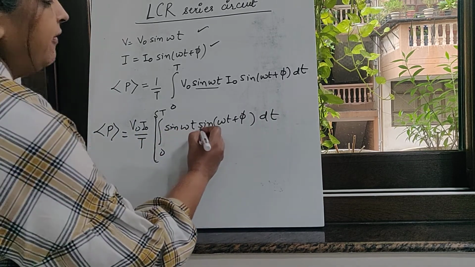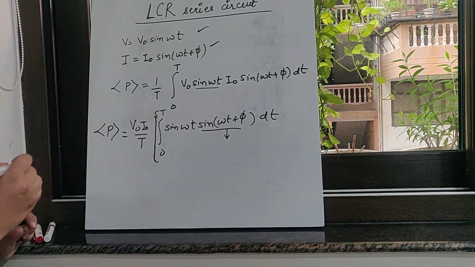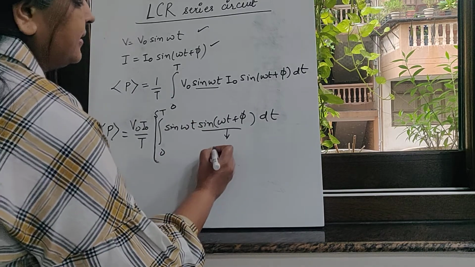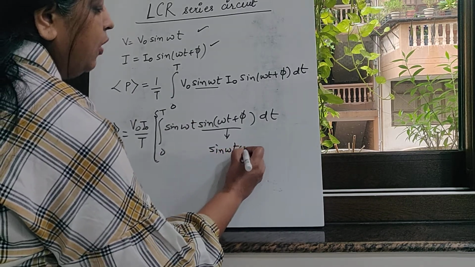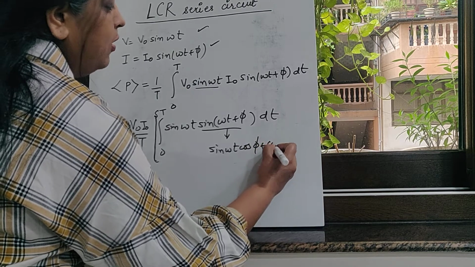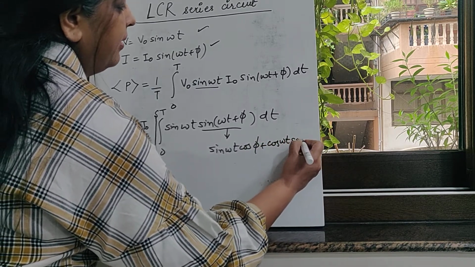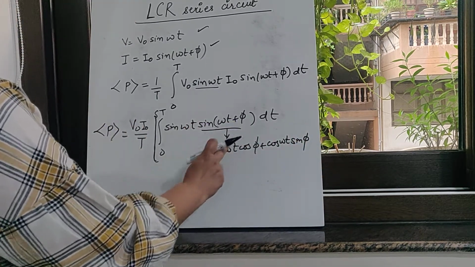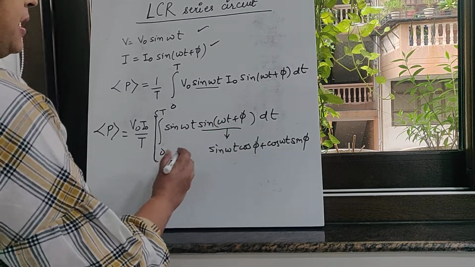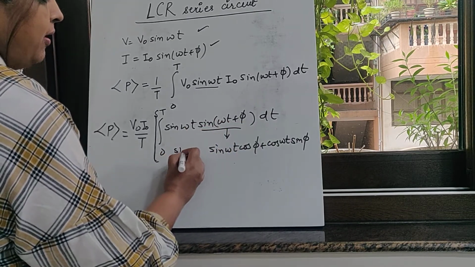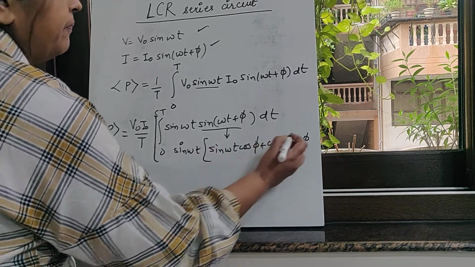And now we will open this sine A plus B as sine omega t cos phi plus cos omega t sin phi, because sin A plus B is sin A cos B plus cos A sin B, and this has to be taken in product with sin omega t.